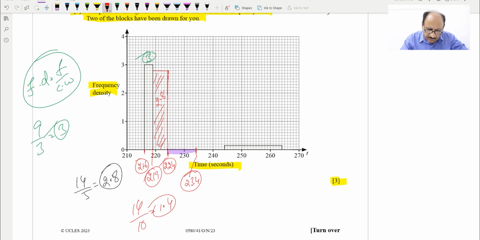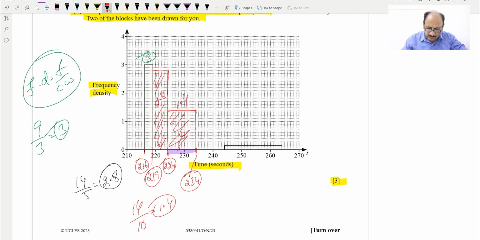So the height we will take is 1.4, 1 2 3 4 up to this mark. We draw the line over here, and 1.4 up to this one also. This is the histogram bar.